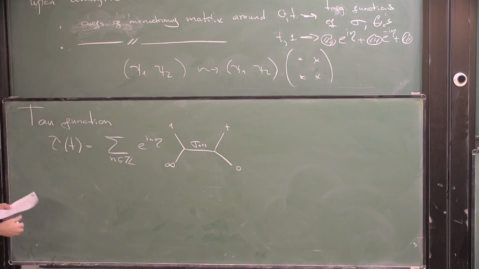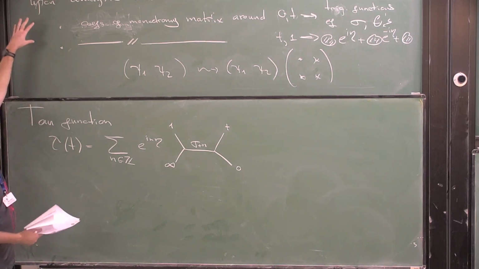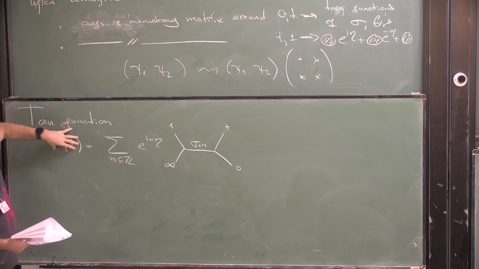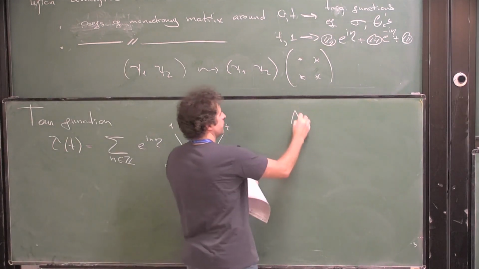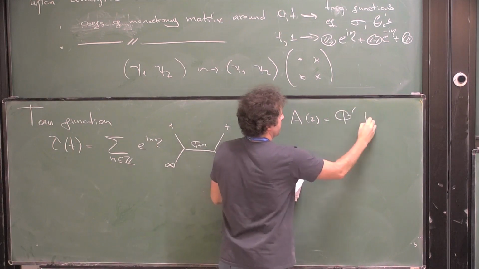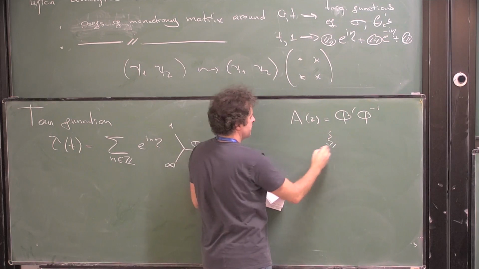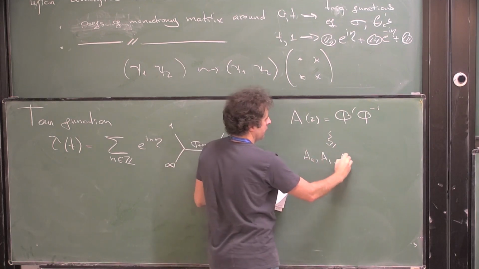And basically, how do you go from the fundamental matrix solution to the tau function? One way is to compute A of z in the form phi prime times phi inverse. Then from this you compute A naught, A t, A1.